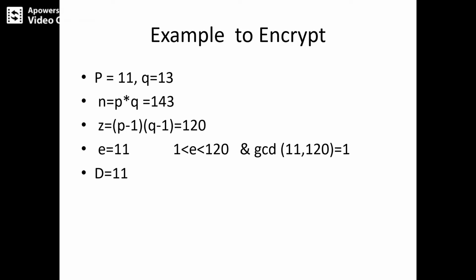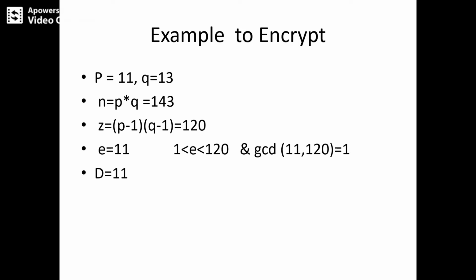Next, we apply the for loop to find out the secret key or the private key. So D is equal to 11. In the previous for loop, we took initialization of D is equal to 1, D less than 120, and we always keep incrementing.